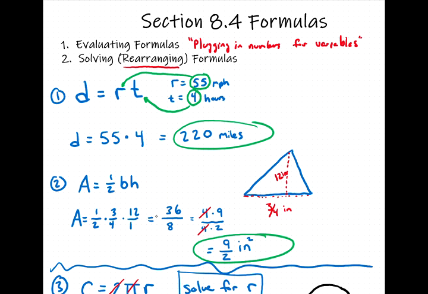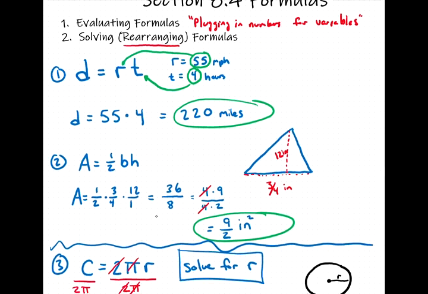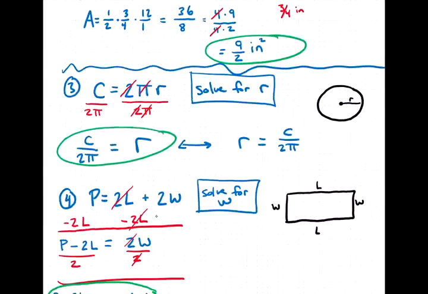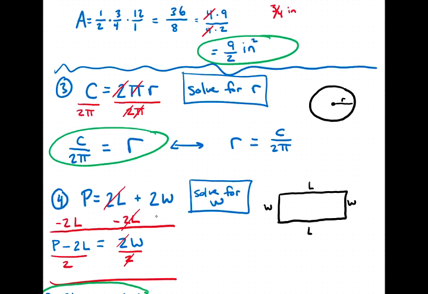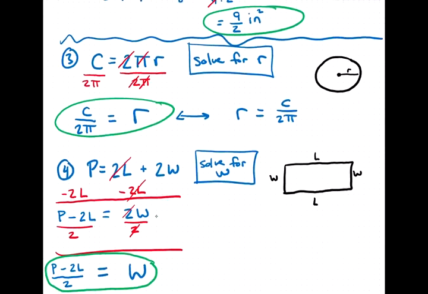When you see the word evaluate in a problem, that means plug numbers in for the variables. And when you see solve a formula, the word solve means rearrange. Isolate one of the variables in the problem. In this case, solve for R means rearrange the equation so you isolate the R, and solve for W means rearrange the equation to solve for W.